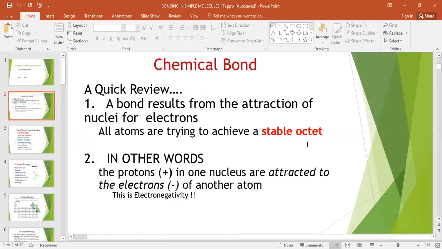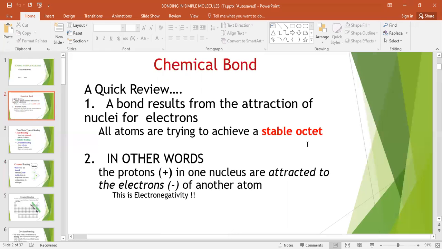Atoms are trying to achieve a stable electronic configuration. Octet means the last shell, the outer shell, the stable shell. They are going to complete their outer shell to get stability. That's why they form a chemical bond. So stable octet means they want stability of the outer shell.